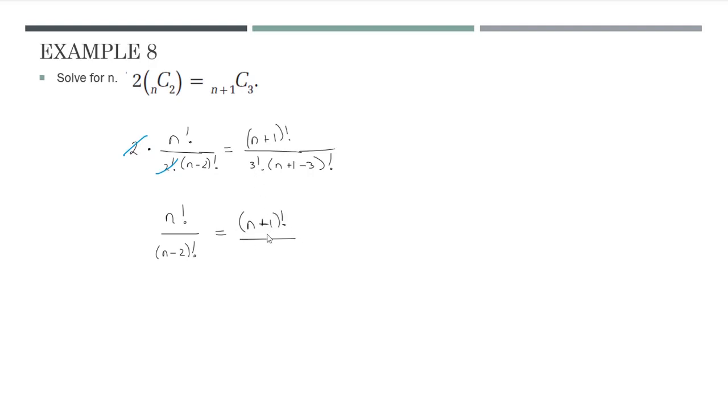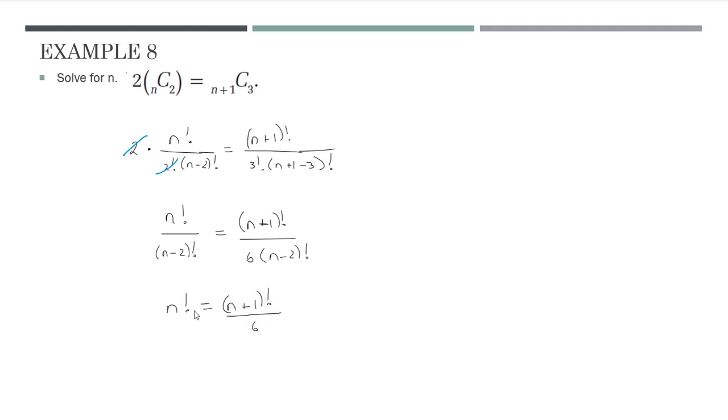So we still have 3 factorial, which is 6, but we actually get n minus 2 factorial when we simplify 1 minus 3, which means I can multiply both sides by n minus 2 factorial and get rid of that part. So now we have n factorial is equal to n plus 1 factorial all over 6.